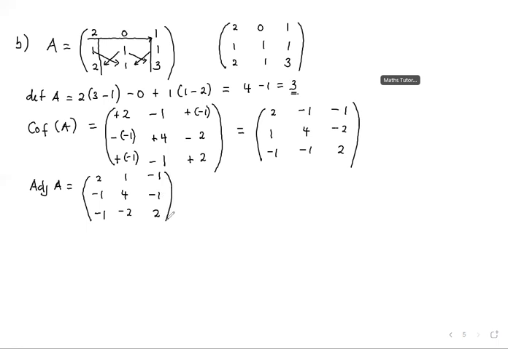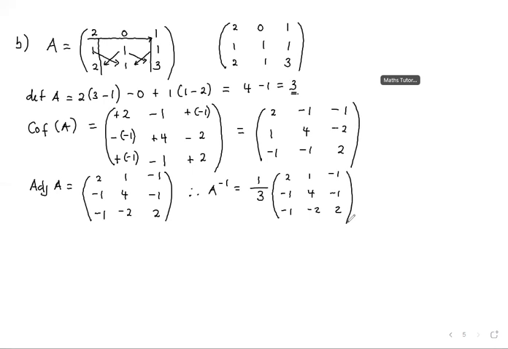And then now get the inverse. So we say A inverse is equal to 1 over determinant A, which is 3, multiplied by adjoint A. And done. That is A inverse.